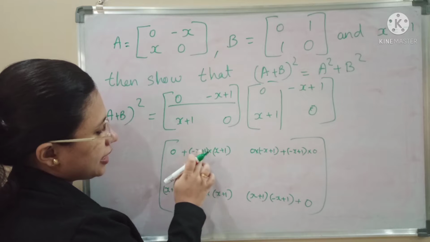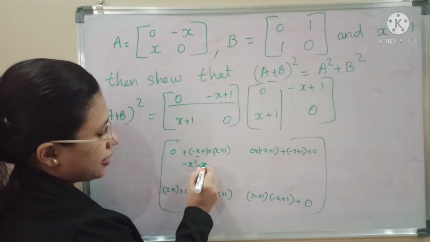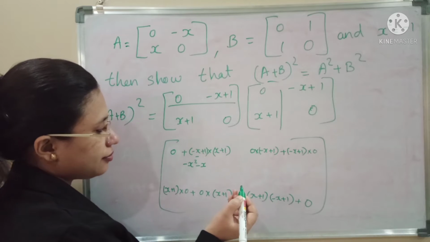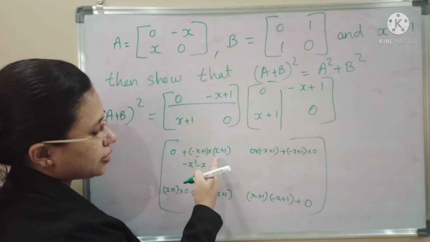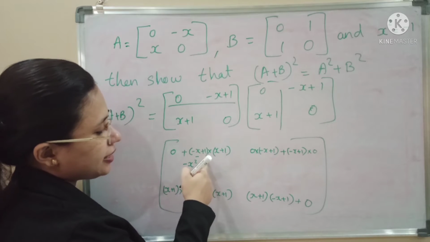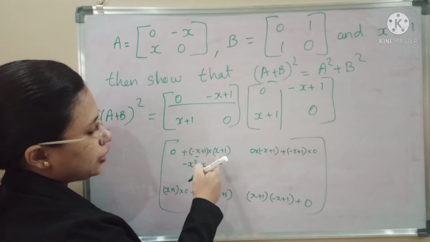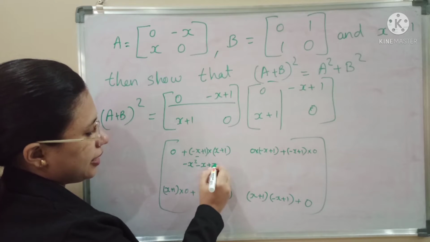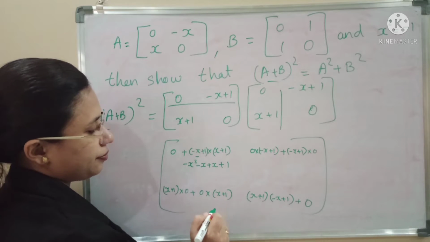Again, minus x into 1 will be minus x. Okay, now we have multiplied minus x with both the terms in this bracket. Now take the second element here, 1. So 1 into x is plus x, 1 into 1 is 1.